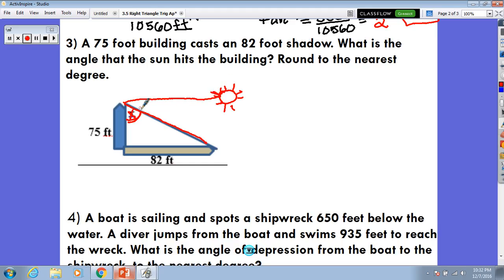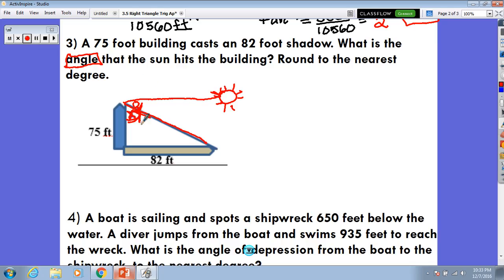Alright, so looking at what we're solving for here, they asked me again for the angle. Okay, so we first need to draw our stick man over here next to the angle, because that's how we figure out what opposite and adjacent and all that stuff is. The stick man always goes next to the angle that they give you or that you're solving for.